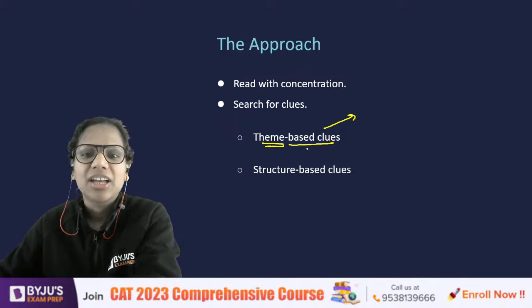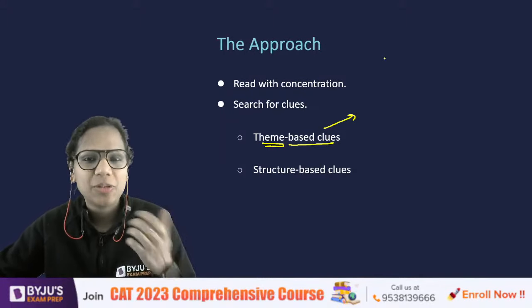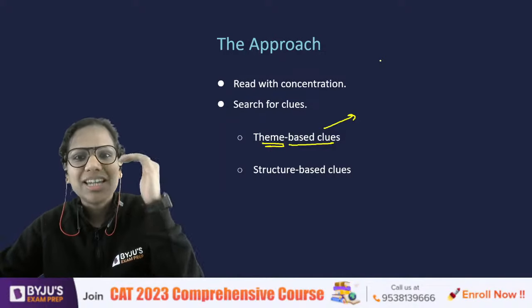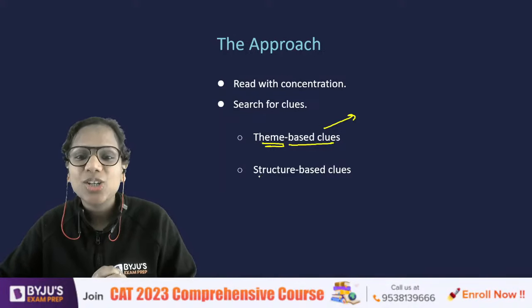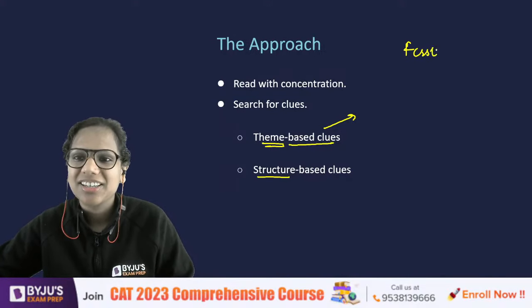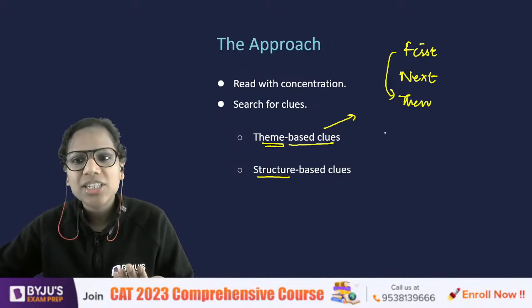Structure based clues. So, for instance, in a recipe or in a science experiment, the steps are given like this: first, do this, then do this. These are your structure based clues. First, next, then, right? So this was a sequence, this was a list.